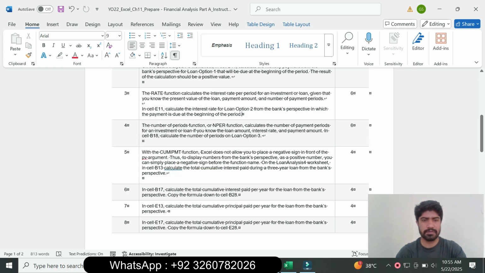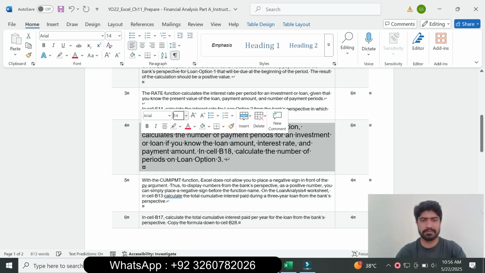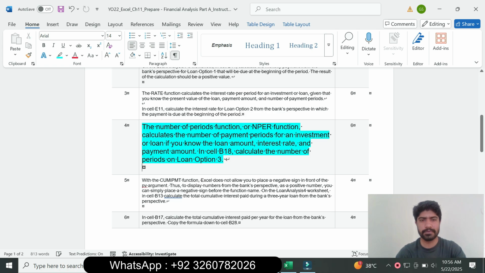We move to question number 4. Question number 4 is the number of periods function, or NPER function, to calculate the number of payment periods of an investment or loan if you know the loan amount, interest rate and payment amount.